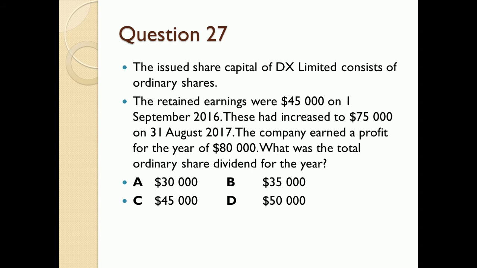So here, boys, we have to look at how much was our earning previously and what was the addition for the year. If we look at the starting earning, it was 45, and now your fresh earning is 80.